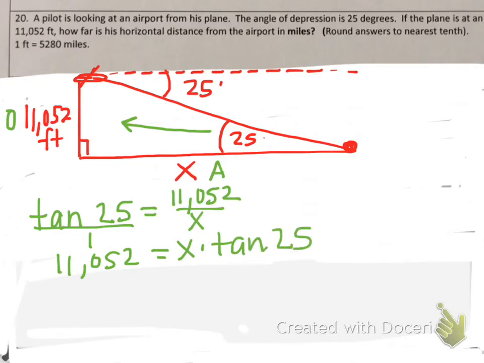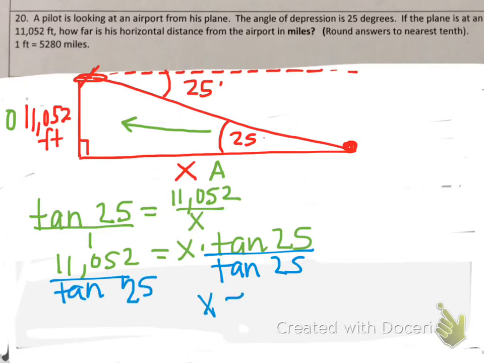Divide both sides by tangent of 25. And now we're going to be typing this into our calculator. So I'm going to type in 11,052 divided by tangent of 25 equals, alright, so 23,701.1 feet is what I got.